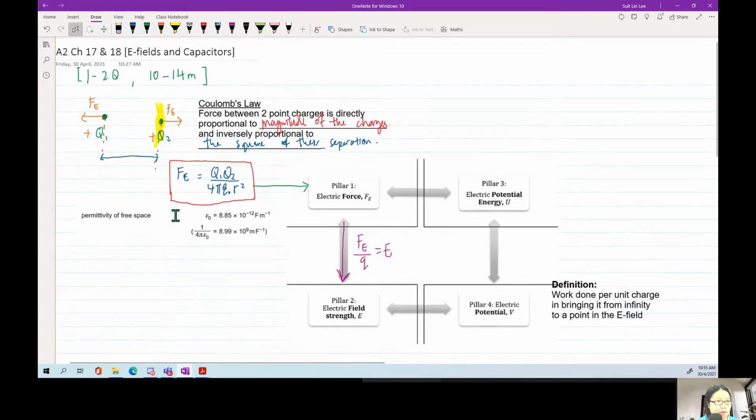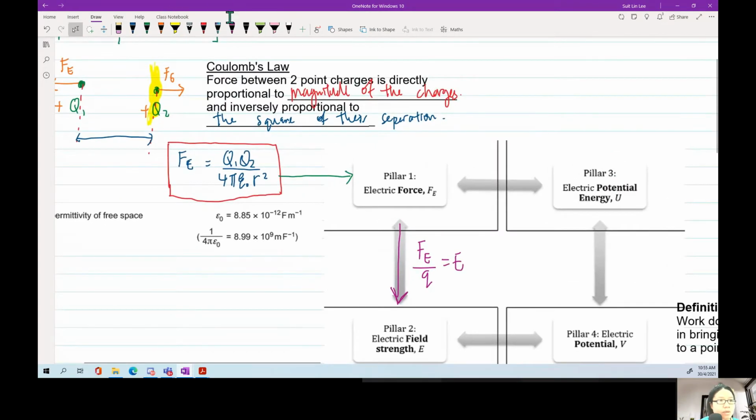So let me go back up here. The field strength E is equal to the electric force divided by Q2 at this point. Because of that, one of the Q2 will go away, so the equation for E will look like Q1 over 4 pi epsilon naught r squared.